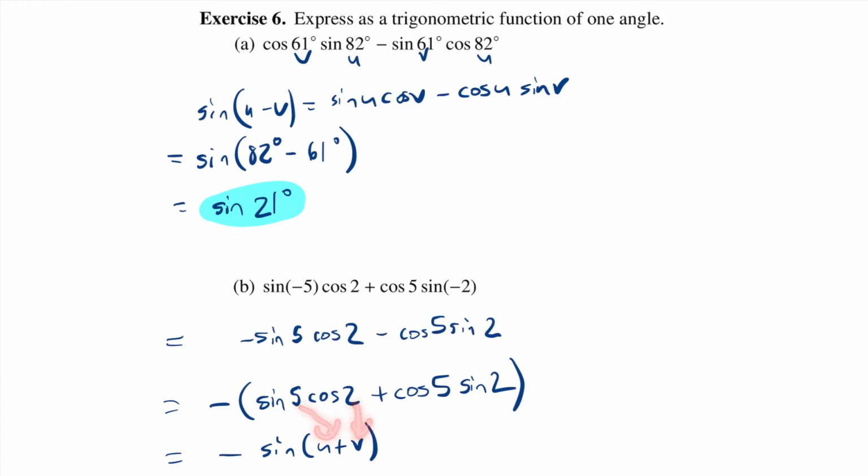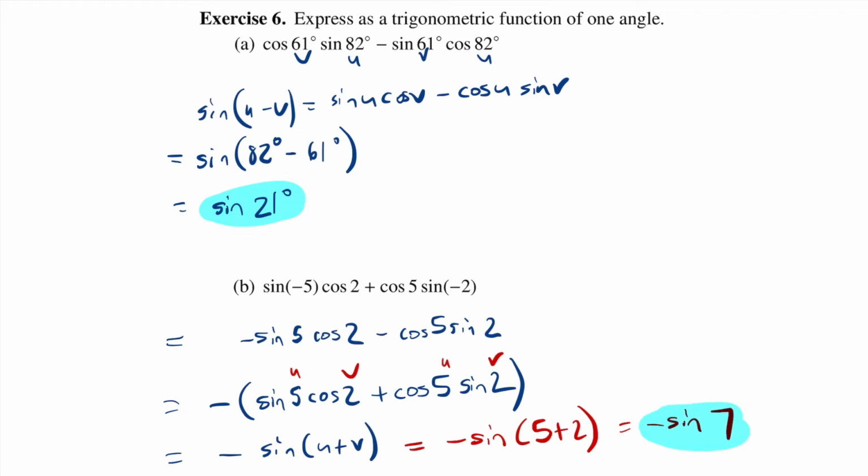And so therefore it's going to be negative sine of 5 plus 2, which is negative sine of 7. And that is the final answer. So notice that once I factored out the negative, it just stayed in the front. And that is it.